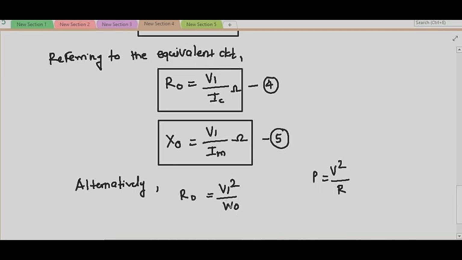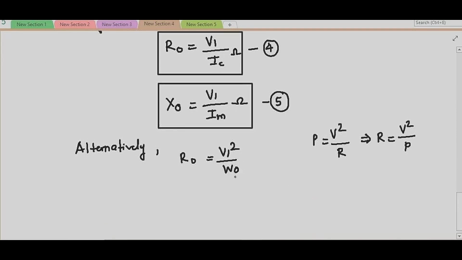What is the power in our case? W0. So R is equal to V square upon P, means the ratio of voltage square upon P. In our case, V1 square upon the power in the primary, W0. So I can find out by this method also.